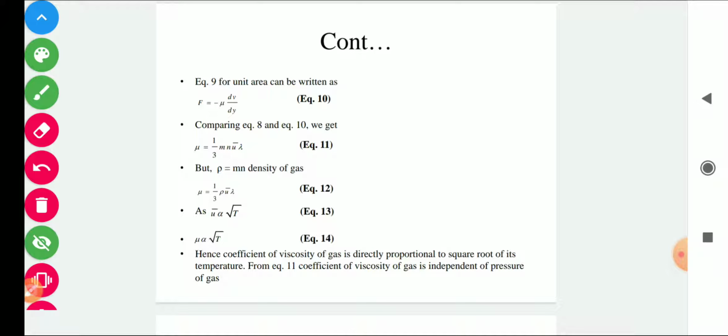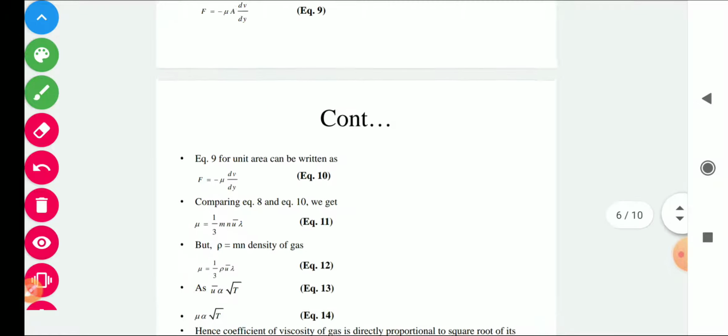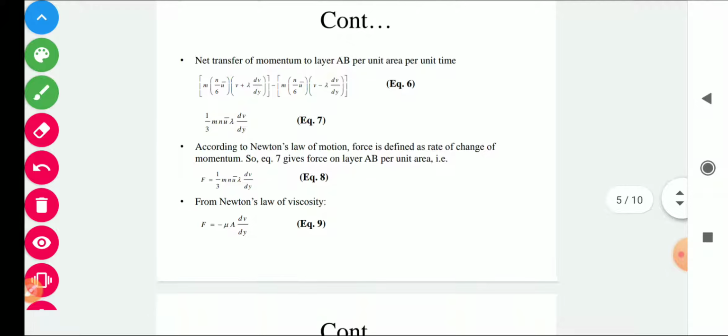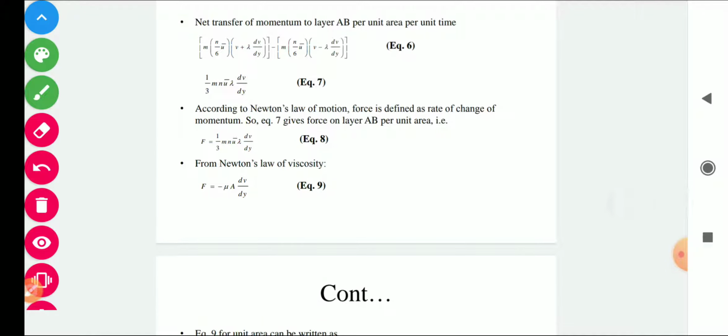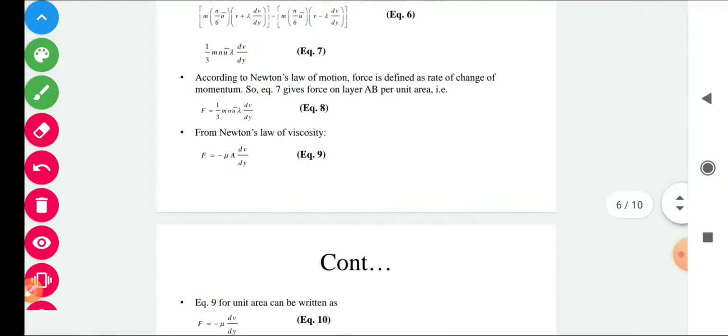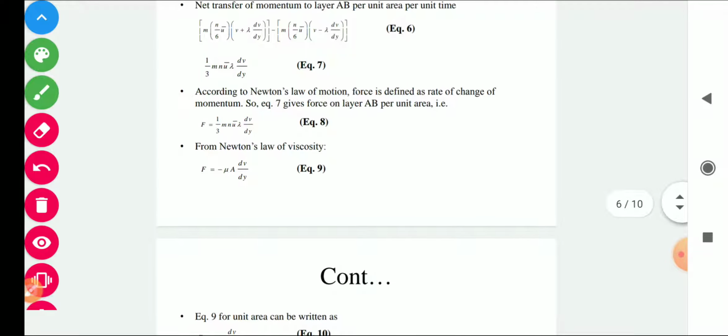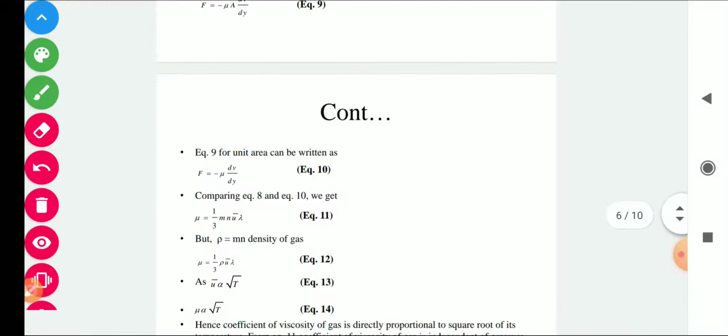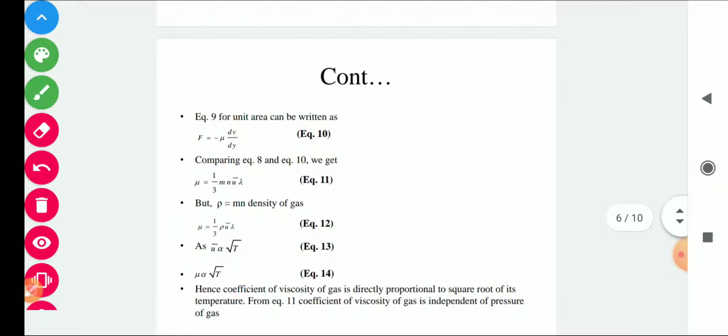Now if we compare these two equations, equations 8 and 9 are equal, so we can equate them. If we equate equations 9 and 10, then we can get the value of viscosity.